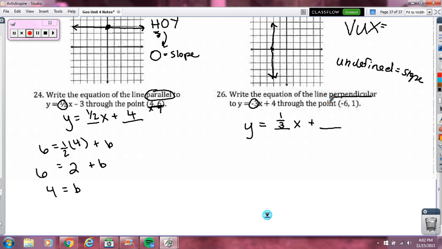And again, I just need to figure out what's going to go in for my y-intercept by plugging in my point. So 1 is the y value, -6 is the x value, and I'm trying to find b. 1/3 times -6, you can do that in your calculator if you need to, should give me -2. I'm going to add 2 to both sides and get that b equals 3.